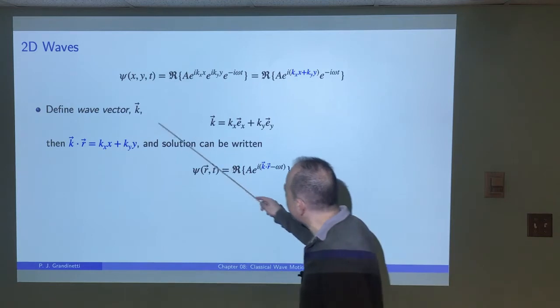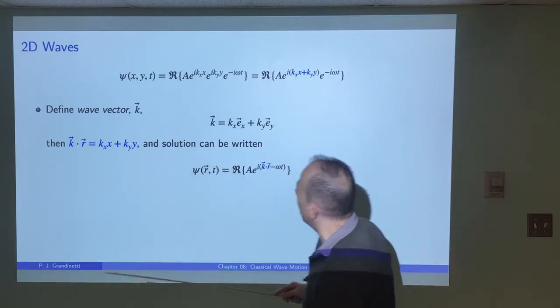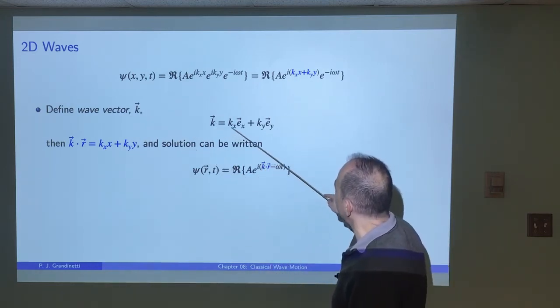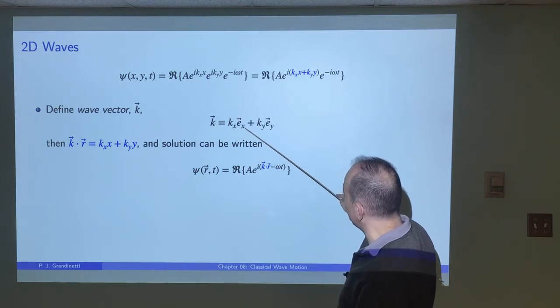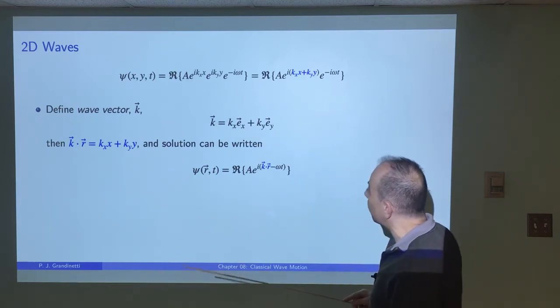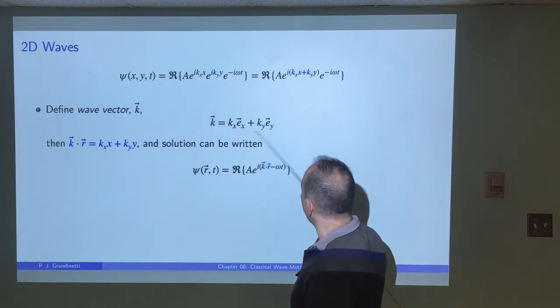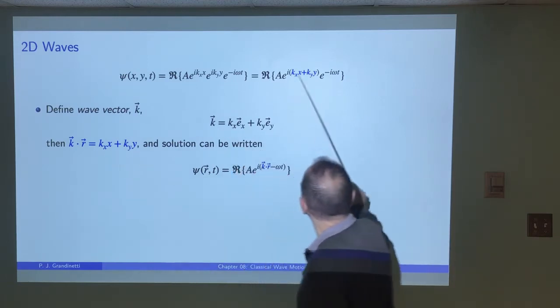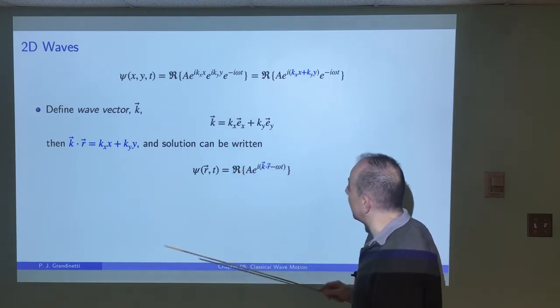So in other words, I'm going to define a new quantity called the wave vector, which is equal to kx times the unit vector along x plus ky times the unit vector along y. And if I take the dot product of that with the position vector, then I obtain this quantity up here.